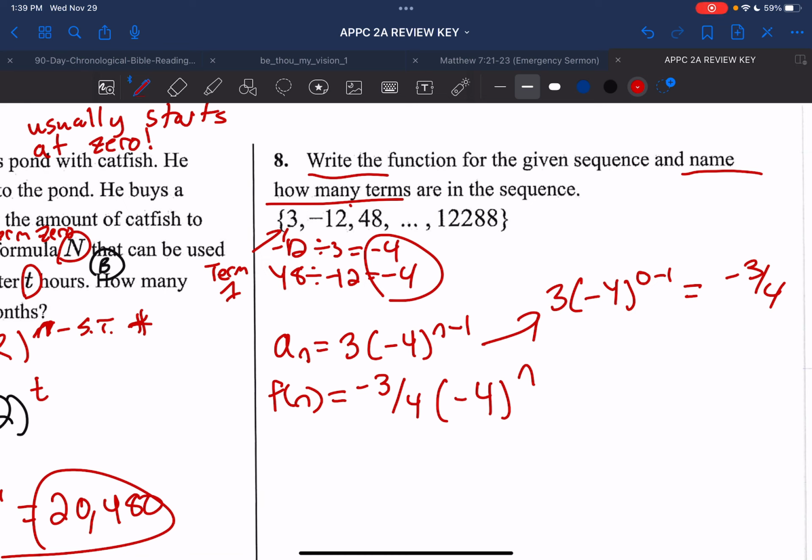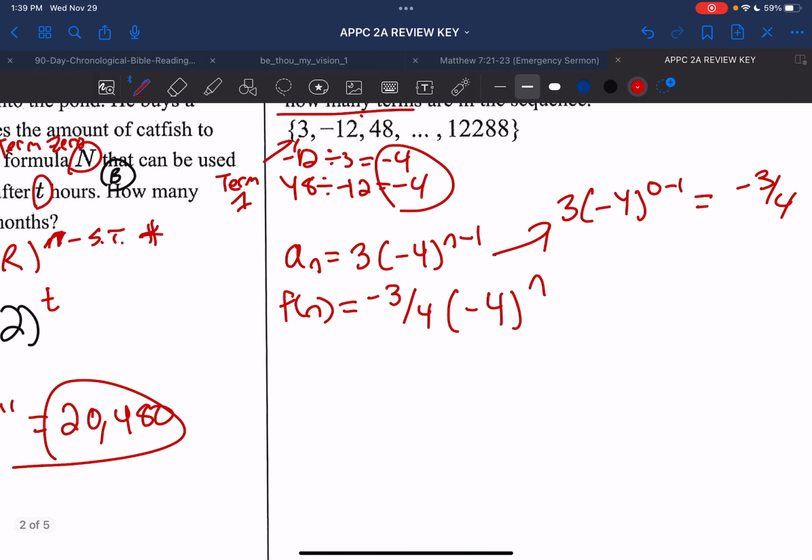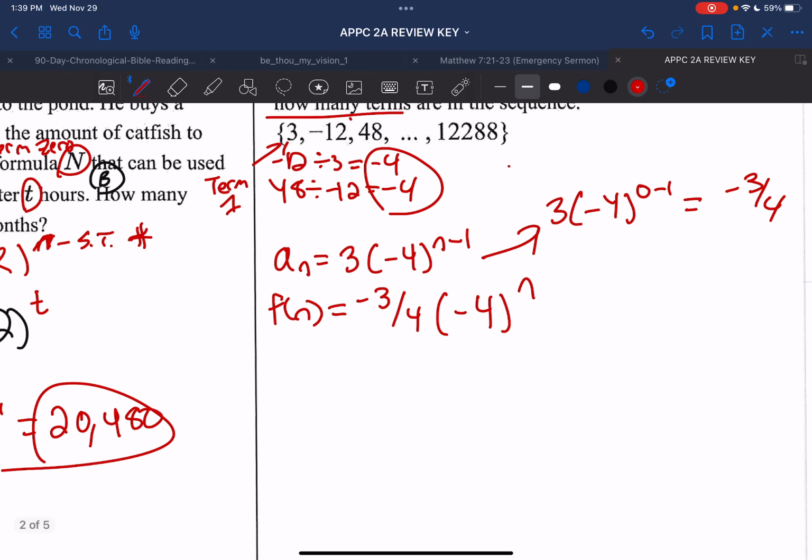And then when it says name how many terms there are in the sequence, well, I know from all of this, my ratio tells me to multiply by -4 every time. I'm just going to write out the whole list and count them. So -3, 12, 48, and then just times -4.